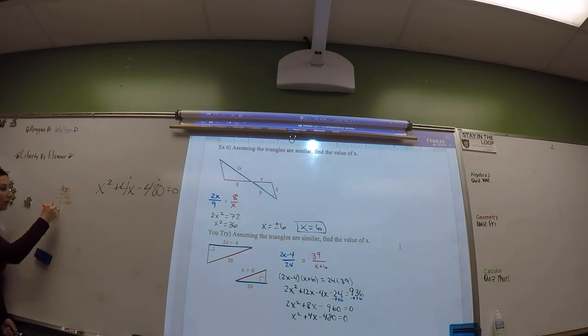If you're not sure, you can just go through a very long list. What about 60 and 8?